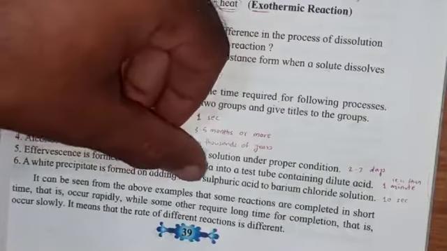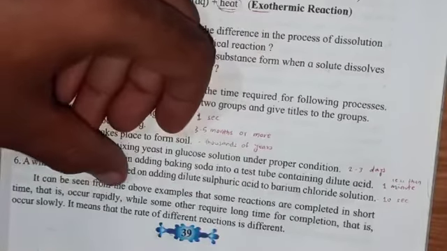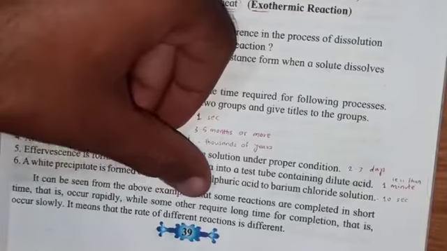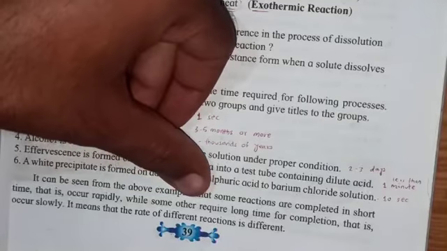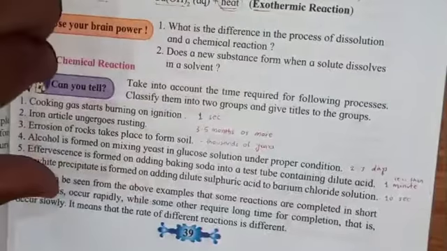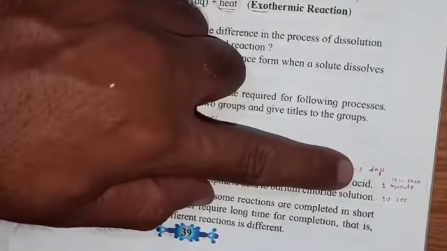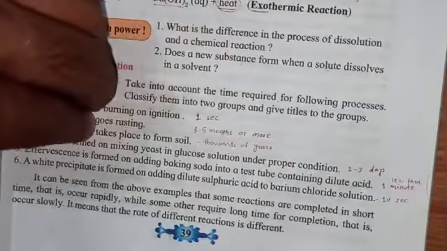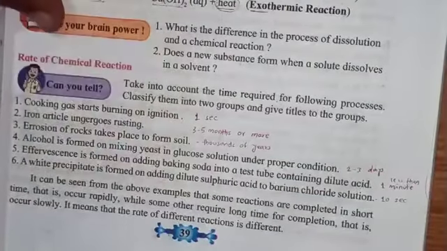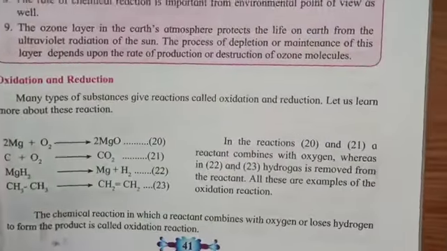It can be seen from the above examples that some reactions are completed in a short time, that is they occur rapidly, but some require a very long time, that is they occur slowly. This is called the rate of reaction, means the time of that reaction. So on what factors is the rate of reaction based? We will see.